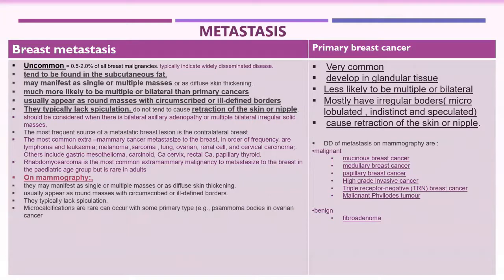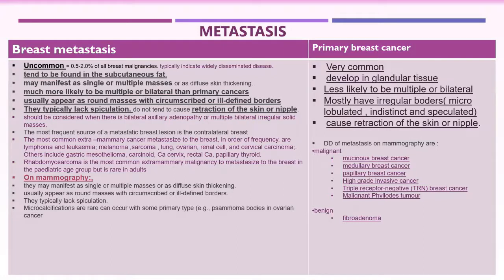Scintigraphy. So regarding the difference between breast metastasis and primary cancer: primary cancer is definitely very common, while metastasis is very uncommon, representing only up to 2% of malignancy in the breast.